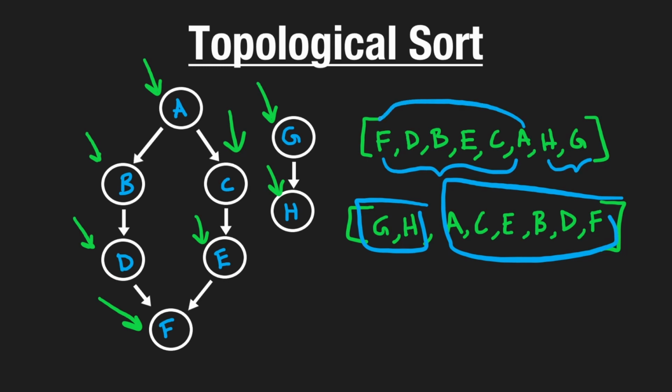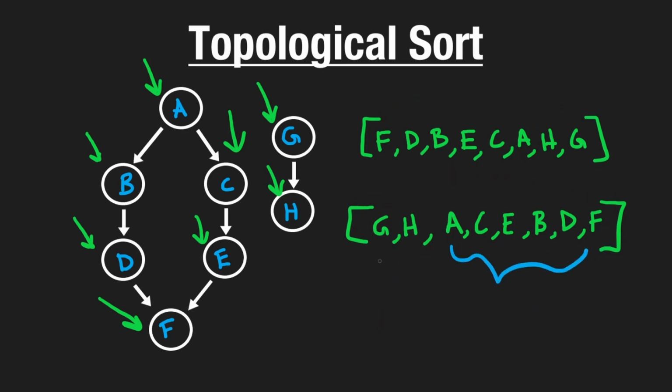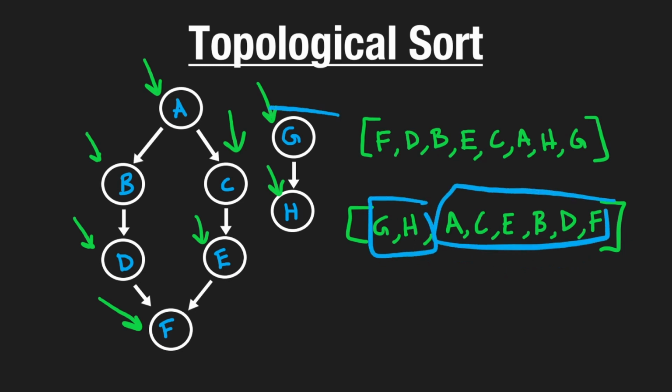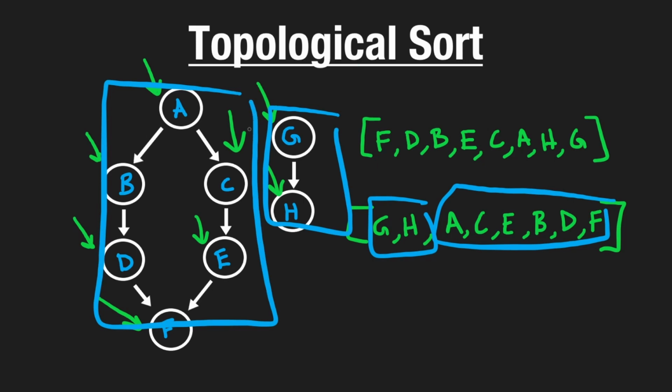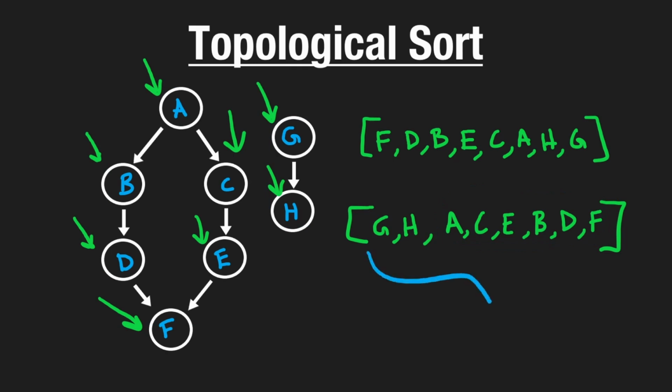Like this sequence shows up in reverse order in the output. This sequence shows up in reverse order here. And that's all we care about. Each sequence should be reversed. The relative order of each of these components, whether this one shows up first or this one, that doesn't matter at all when it comes to topological ordering. So this actually is a correct way to do it.